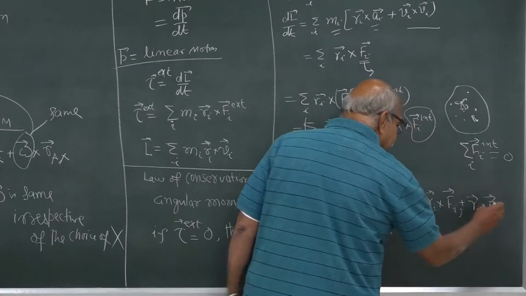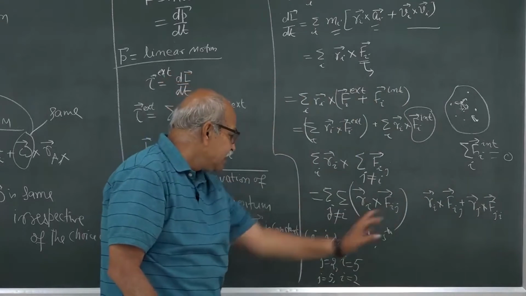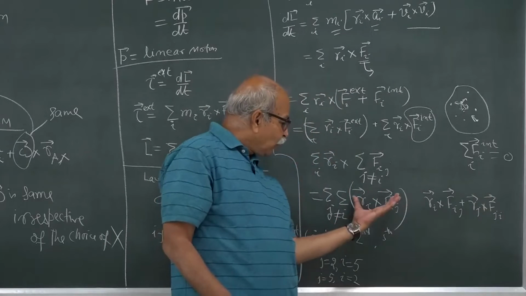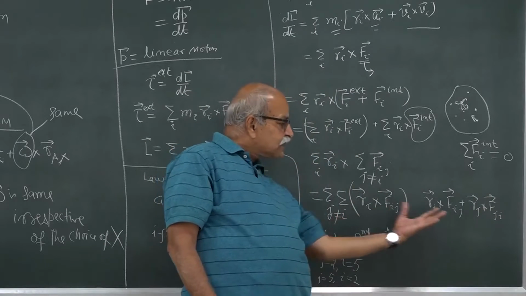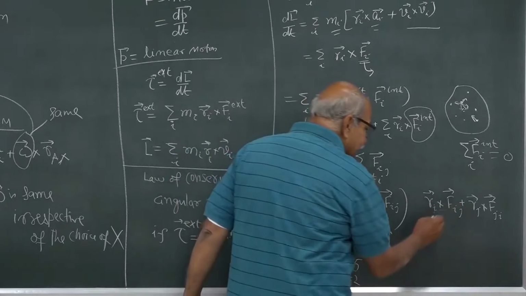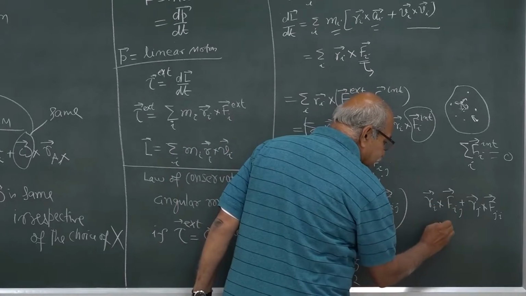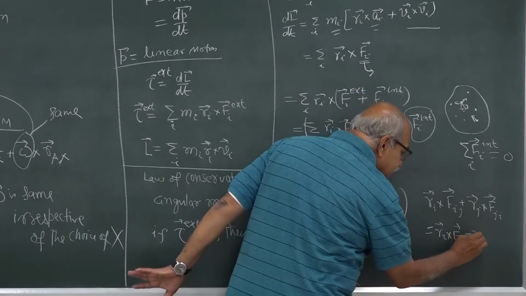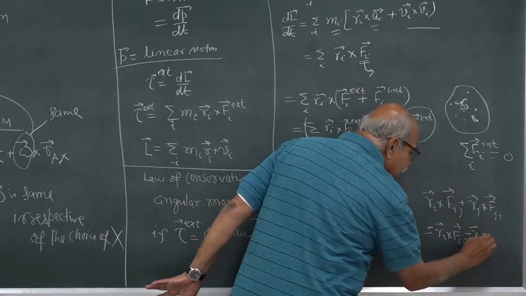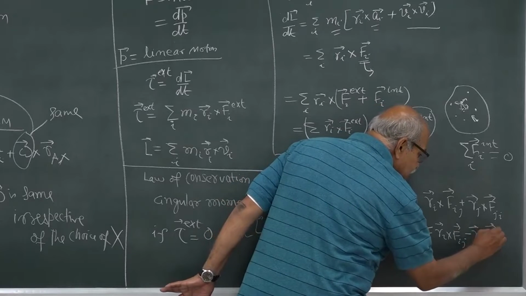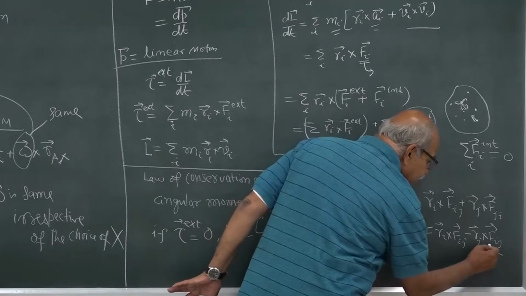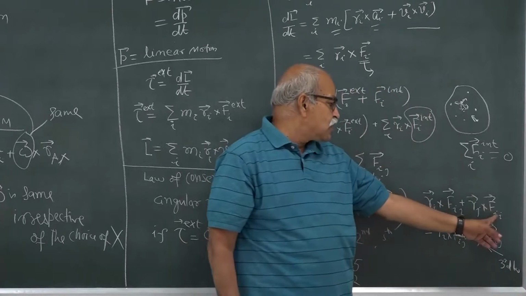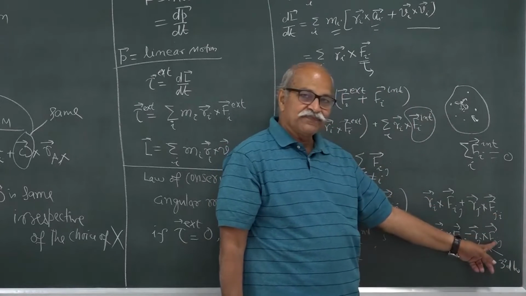This is a kind of pair, where i and j are interchanged. So, this whole sum can be written in terms of such pairs, and this pair is Ri cross Fij minus Rj cross Fij. Here I have used Newton's third law: Fji is equal to minus Fij.